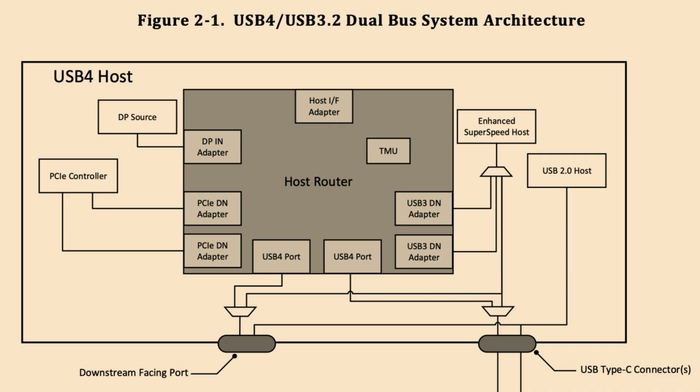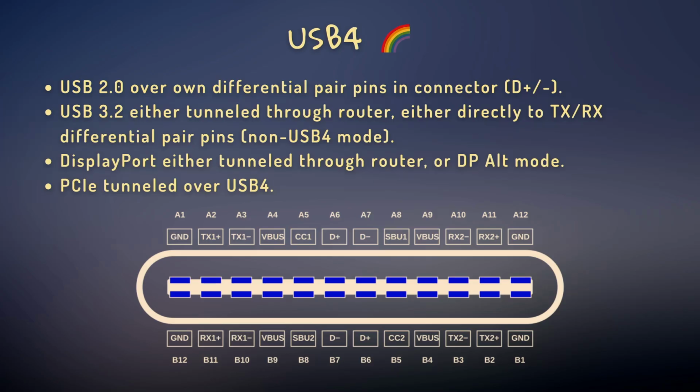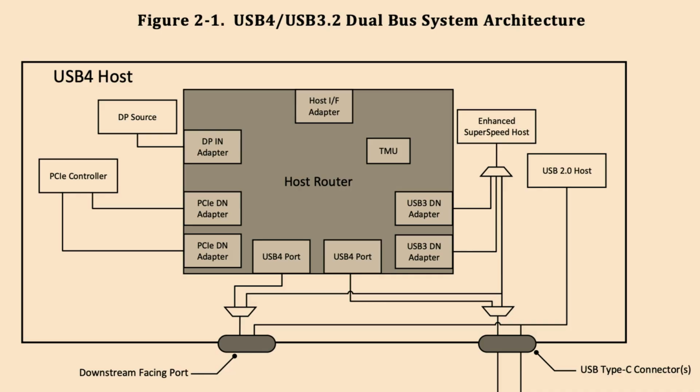And so here you can see the diagram of the host router. This is just stolen from the USB 4 spec. All USB Type-C connectors, actually I have this on the next slide, have these middle pins here over which USB 2 goes. So any kind of USB 2 stuff will just go straight to the USB-C connector. It doesn't have anything to do with USB 4.